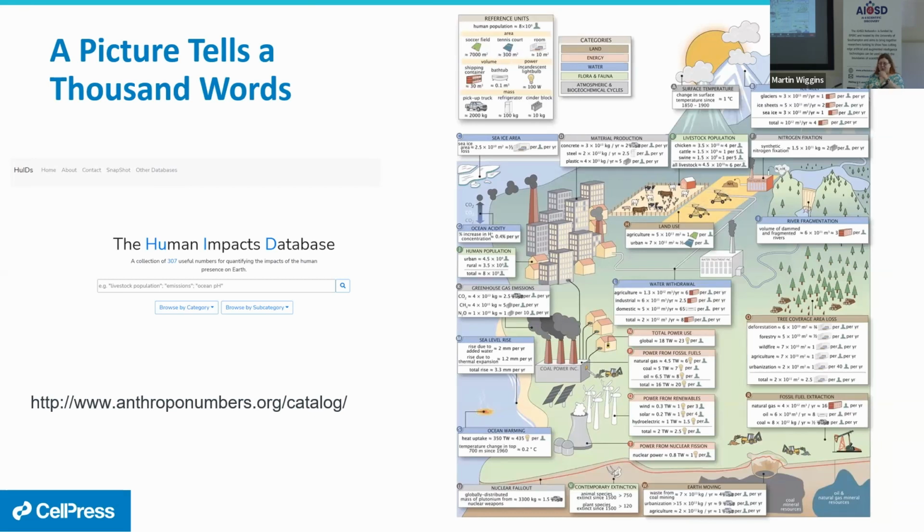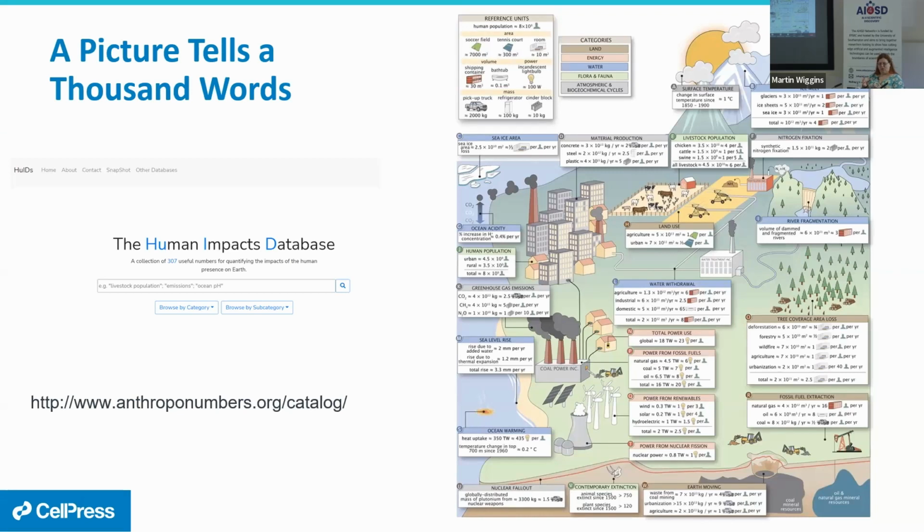The image on the right-hand side, however, comes from the author's bioRxiv paper, and as you can see, it's an infographic with a lot of numbers involved, but it is presented in a way that is visually appealing, even though it's quite small.